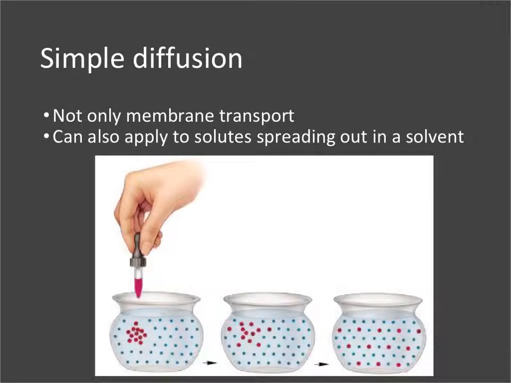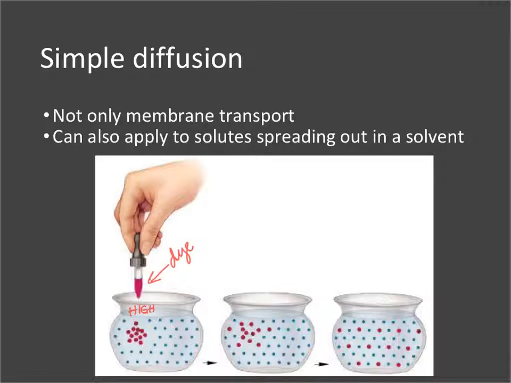As I mentioned on a previous slide, simple diffusion does not have to happen across the cell membrane. It can also refer to solutes just spreading out in a solvent. So in this example here, we have some sort of dye that is being added to a liquid. And the area where this dye is added is a high concentration area.